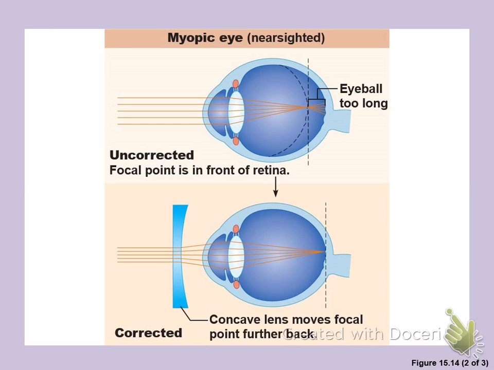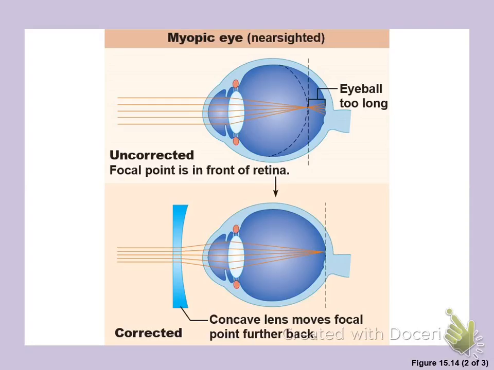Now this is myopic. This is nearsighted. So this is normal at the top, where you have the eyes. Well, it's not normal here, but this is what it would come to the back of the eye if it was normal. But here, the eyeball is too long. It's like it's stretched out. So the image now, with the lens the way it is, falls short from being pinpointed in the retina.